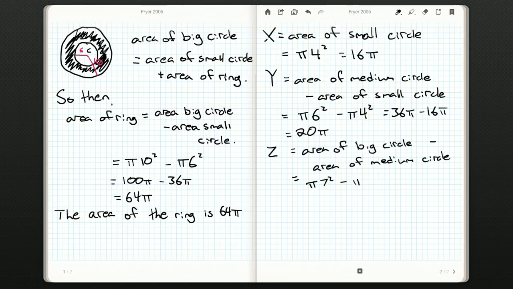And the medium circle had radius 6, that we've already mentioned. So that's 49 pi minus 36 pi. We can treat pi as though it were an x or something, like a variable, and that allows us to simplify, and we get 13 pi.